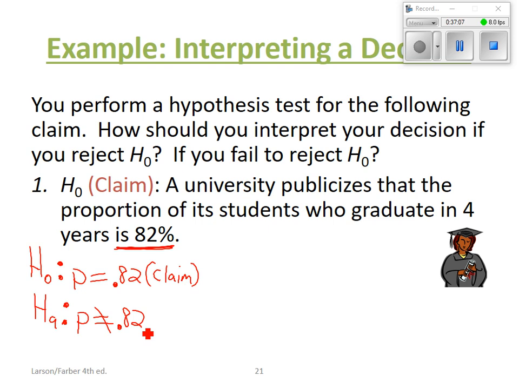So we look right here, and what we start off our conclusion or our statement with here is there is not enough evidence to reject the claim that 82% of the university students will graduate in 4 years. So we find the statement on here that fits for what we got, whether we're rejecting or fail to reject, and we connect it to the problem. It's not too difficult, right?